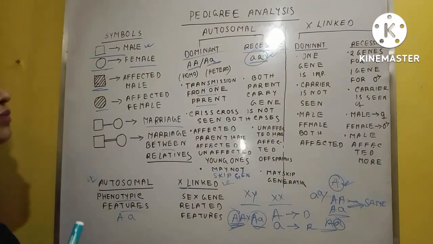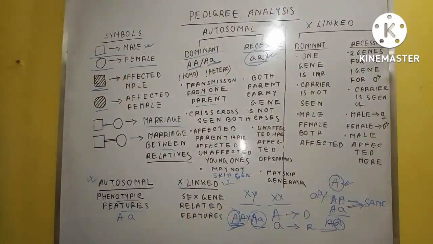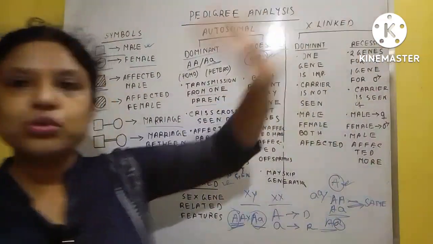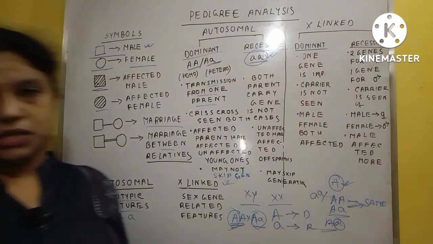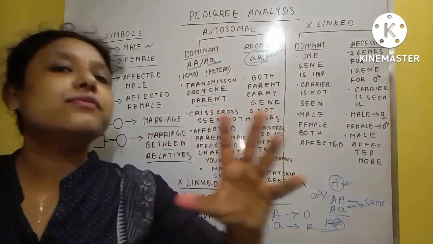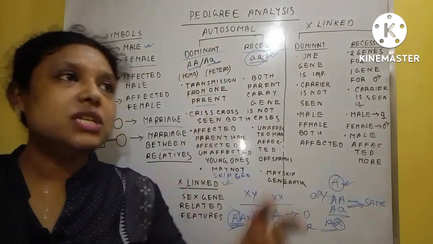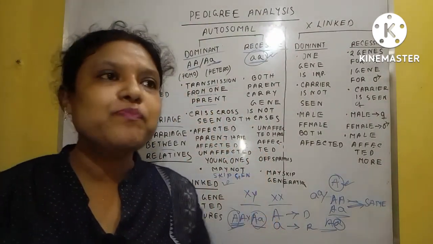And now we will learn about the X-linked gene. X-linked means the sex-linked gene. Same thing here, the dominant and recessive both are present. In case of dominant, one gene is important. The dominant gene is so powerful that it's not necessary to carry both genes.